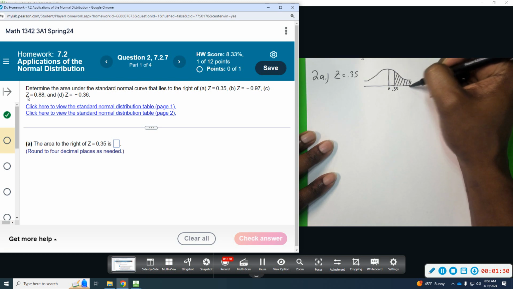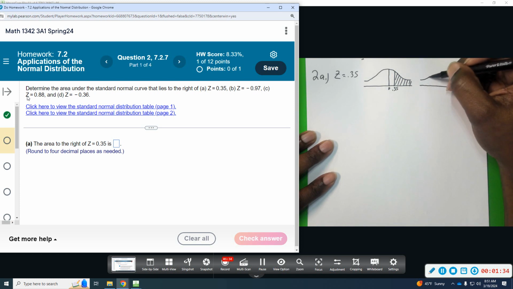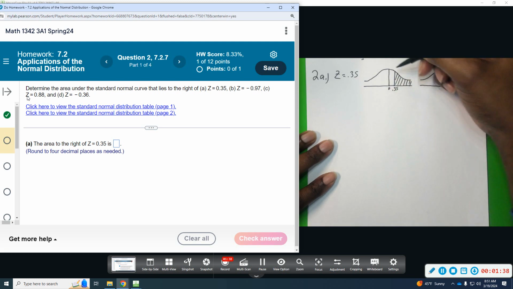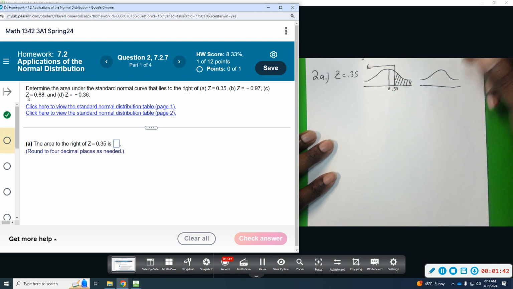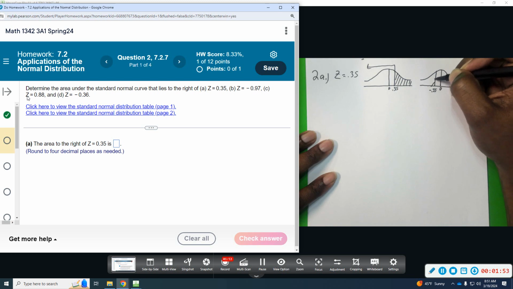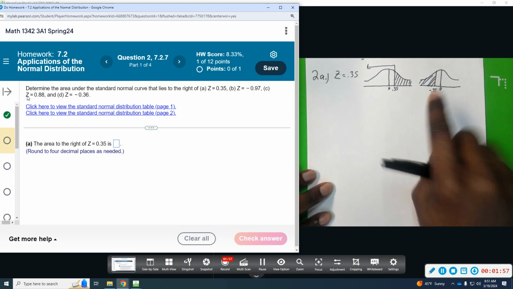So I'm going to look up the opposite, so I don't have to do 1 minus, because remember the table tells you the left. If you look it up in the table, it gives you the area from here all the way back, not to the right. So if we want the right, we have to do 1 minus that, or I can do the opposite, which is negative 0.35. Just look that up in the table, and whatever I see is my answer.